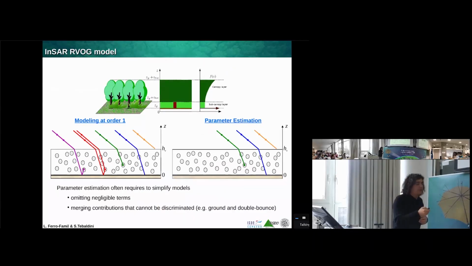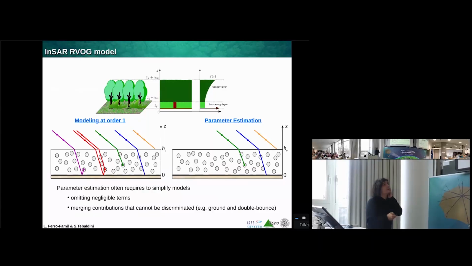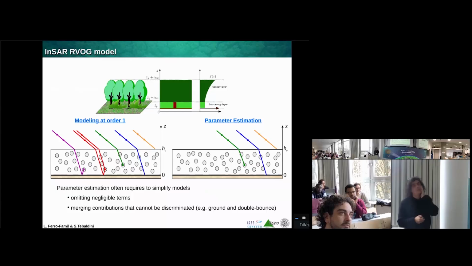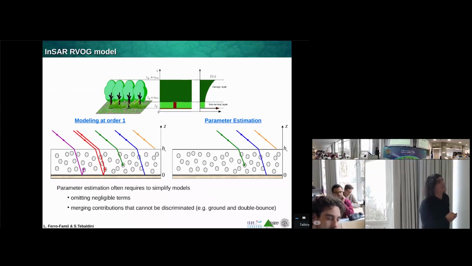How do we consider forest? I don't know if many of you are specialized in electromagnetic modeling, but we really simplify all these models because we adapt to the level of descriptivity of a SAR acquisition.